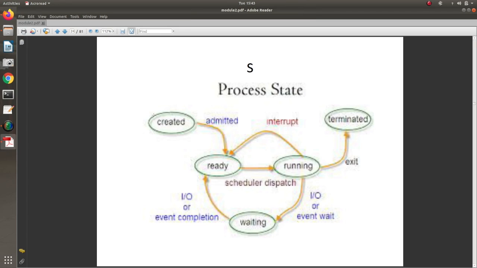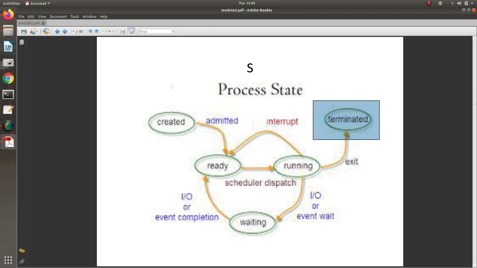Moving on, basically these are the different states that we have, and here we have a process life cycle diagram. The process is first created, it is then admitted, and it is ready to be executed. Once the processor is available, it gets into the running state. Then it comes into the blocked or the waiting state, that is, it is waiting for input, output, or whatever. Sometimes when the process is running, it doesn't need any input and it's completed, then we terminate it.